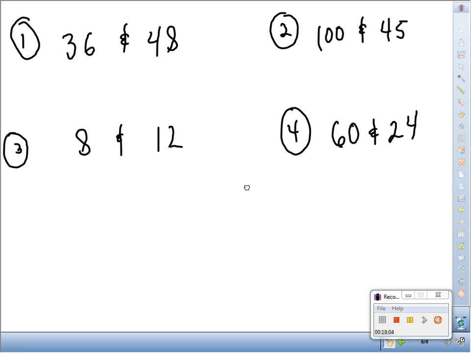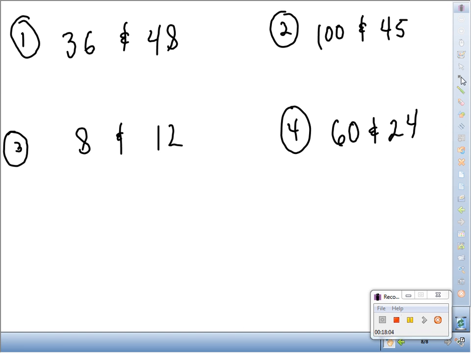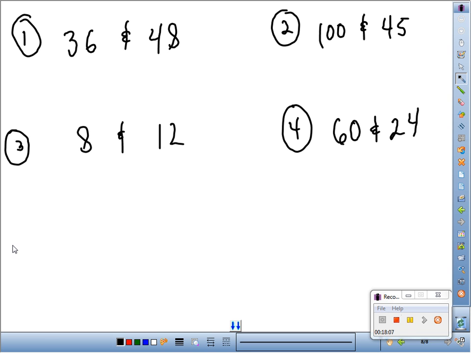And on your note paper, I want you to write this last problem down. Let me just scroll down. What example are we on in our notes? Example number 5.